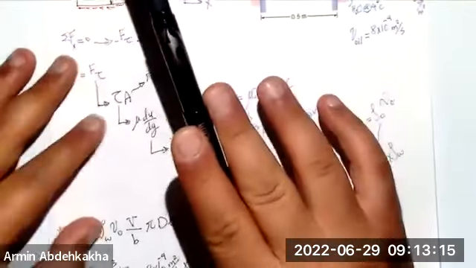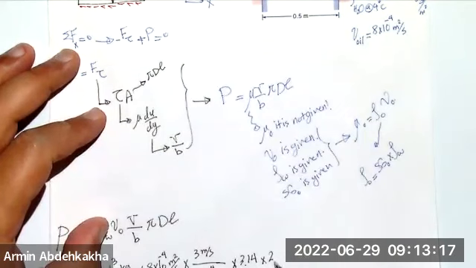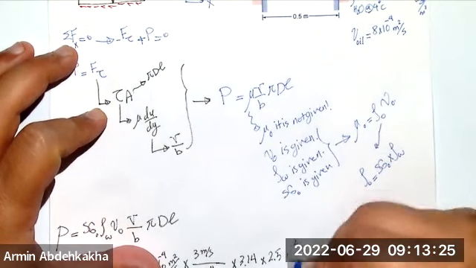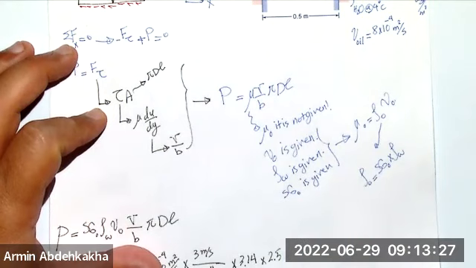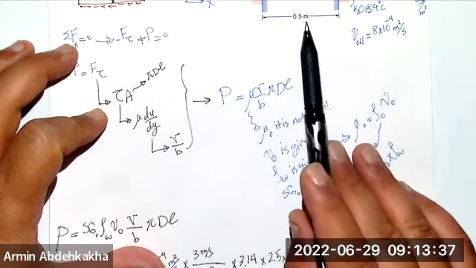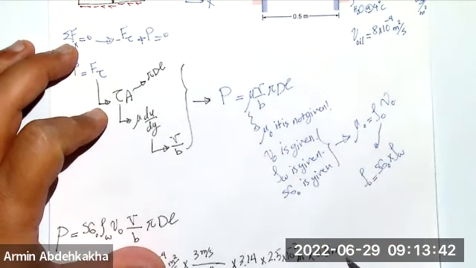So 2.5 times 10 to the power of -2 in terms of meter, times L, which is length of the shaft, and it's half meter. The answer for P is going to be 286 Newton.